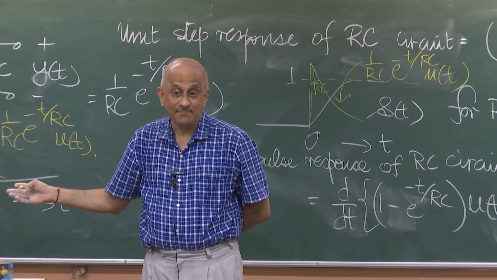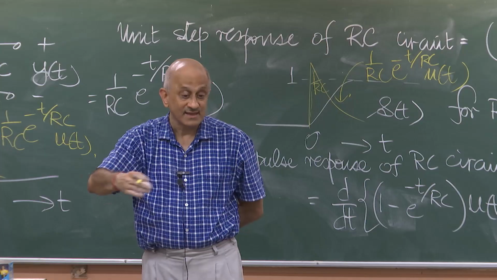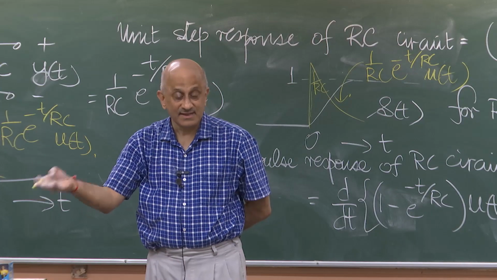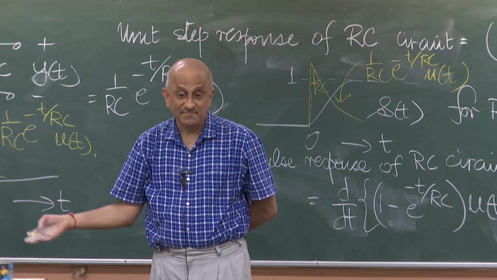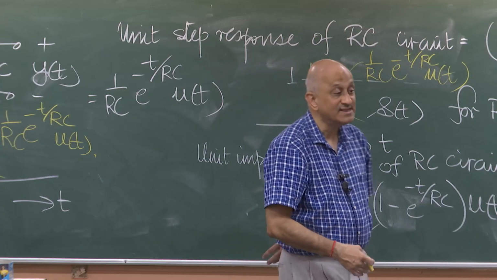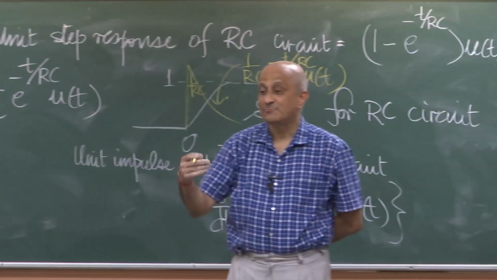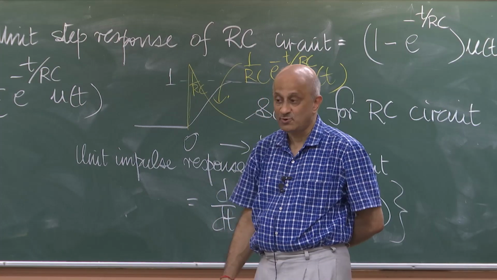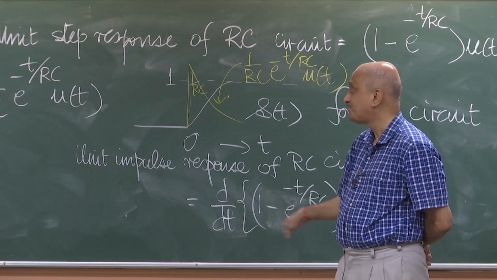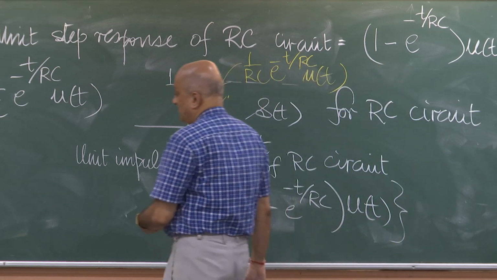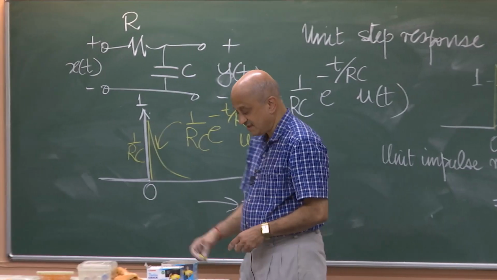Because after the initial spurt of charge, the circuit is unexcited. Therefore, the capacitor discharges across the resistor. How would the discharge take place? Of course, it would take place exponentially. It would exponentially decay. Is that right? That's how one must interpret this. Now, you know the impulse response of the RC circuit.